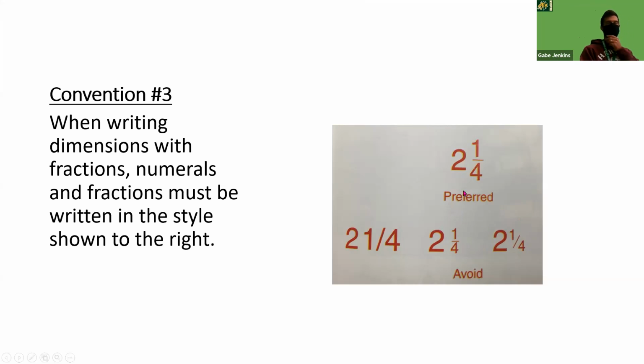So anytime you have to write a fraction, you're going to try to write it with the numbers basically all the same size, with the numerator over the denominator, not in a diagonal way. If you want to simplify this convention to just show what it's supposed to look like, that is probably the easiest way to do this.